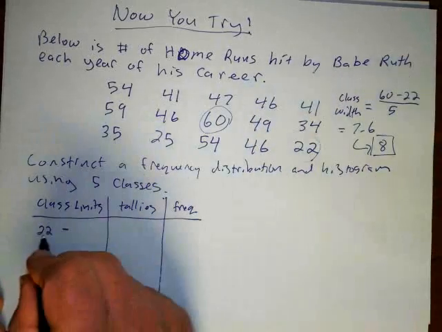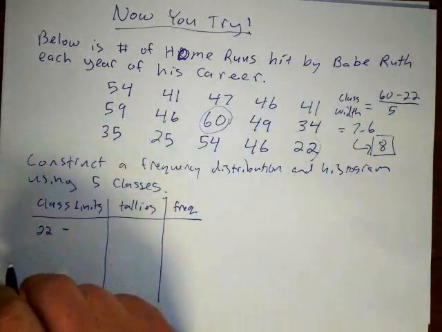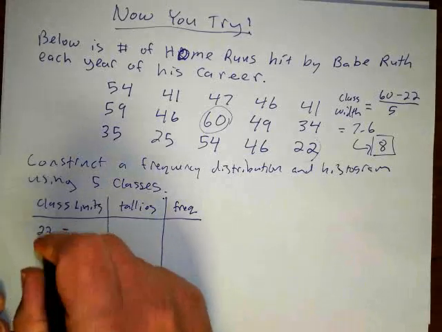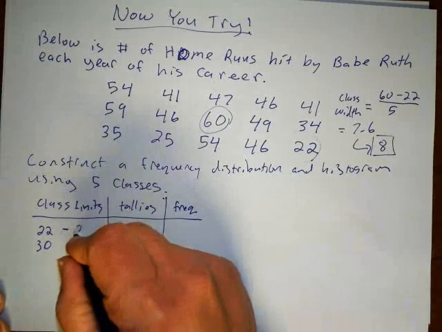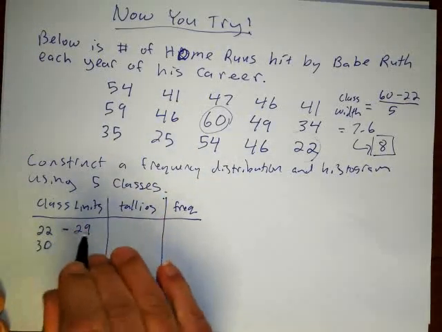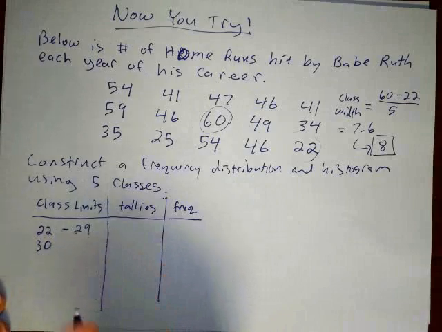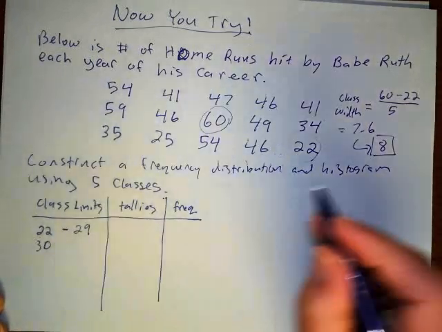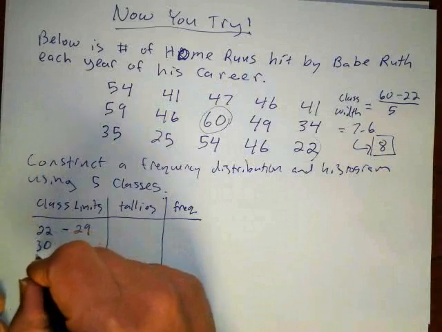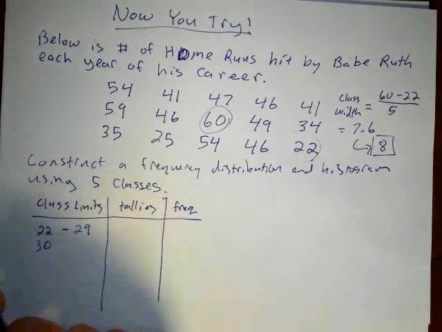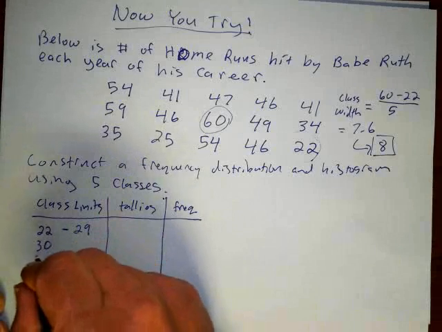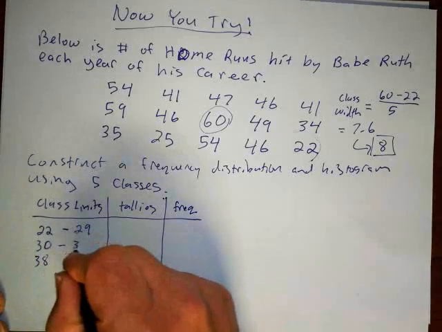I'm going to add 8 to that, and I get 30 here. That's going to be my next upper class limit. Then I subtract 1. Okay, so if you actually added 8 and you put 30 there, that's a common mistake. If you actually want your class width to be 8, then you need to put 30 down below and subtract 1. Okay, and then I'm going to add 8. I'll get 38. That would make this 37.